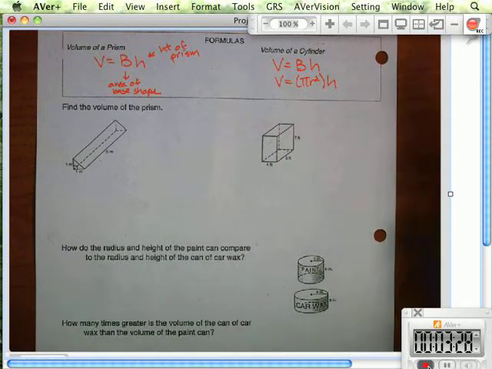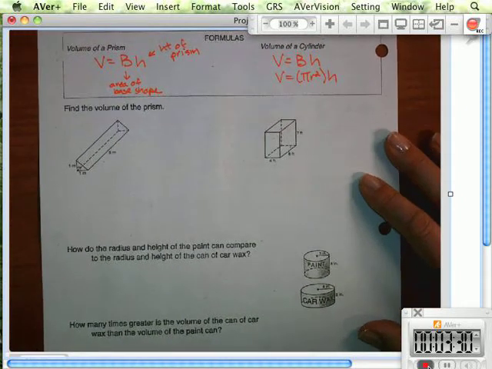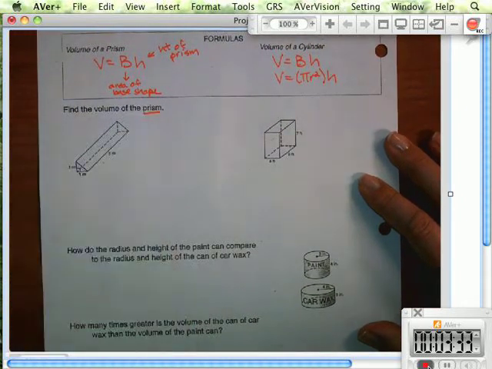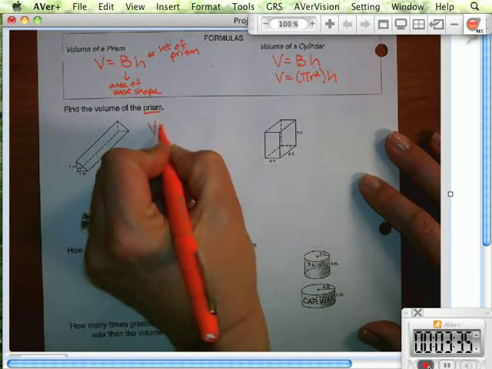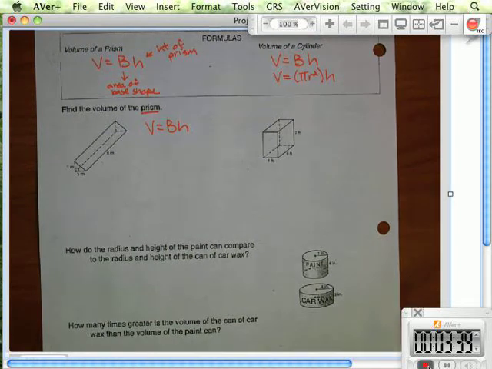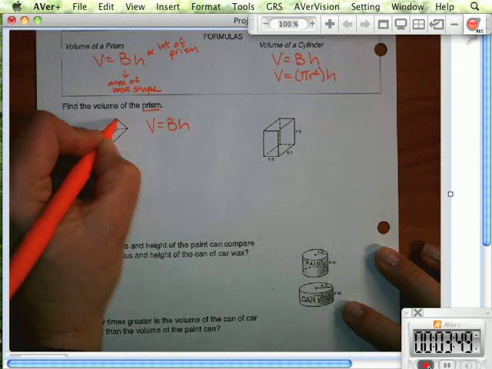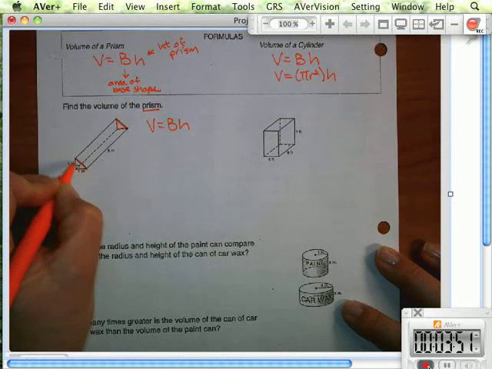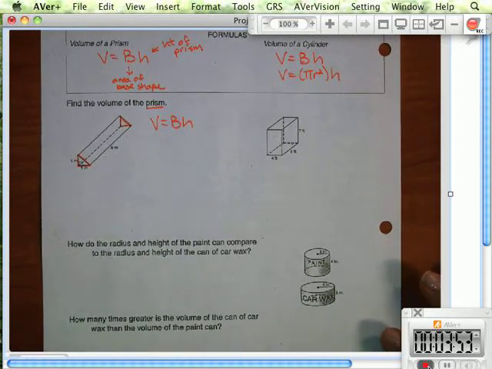Now, let's find the volume of the prism here. Now, it's a prism. First thing I'm going to do is write down the formula. Always write down the formula. Then you stop and say to yourself, what is the shape of the base of this prism? It is a triangle. These are the bases here. Even though it's not sitting on them, those are the bases.